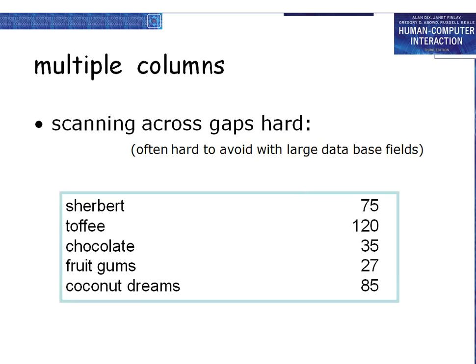Okay, and what about multiple columns? Scanning across gaps is hard. That's often hard to avoid with large database fields.